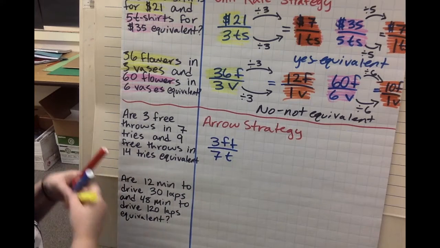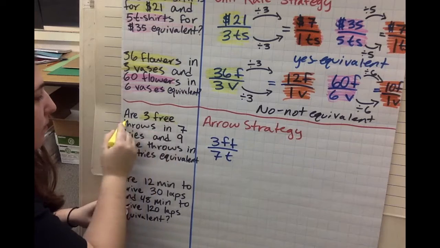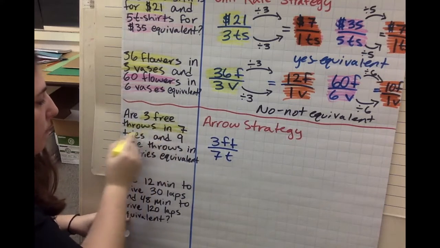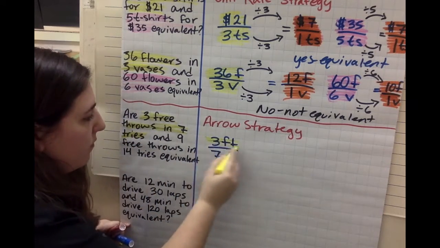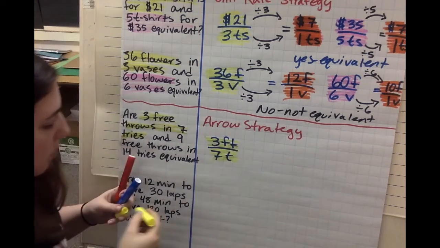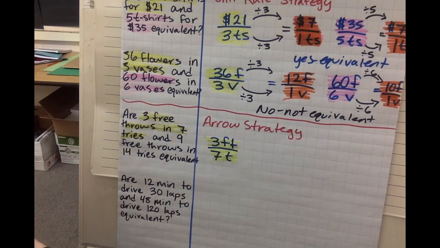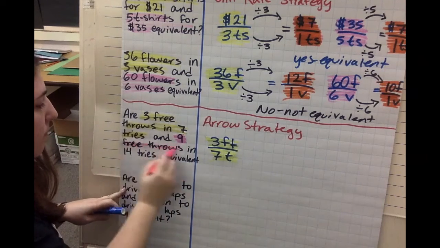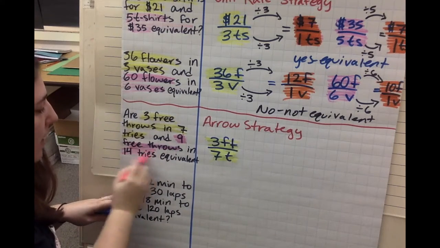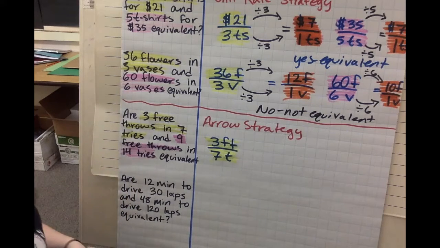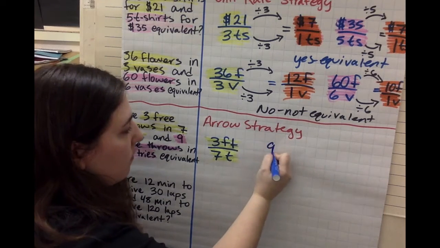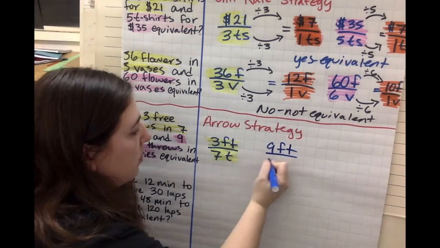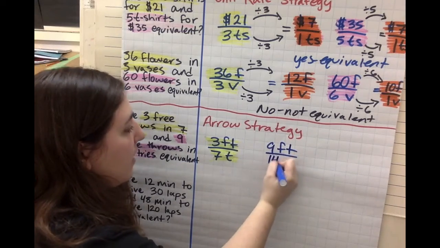Let me highlight that. So 3 free throws and 7 tries, and then my next rate is going to be 9 free throws in 14 tries. So 9 free throws in 14 tries.